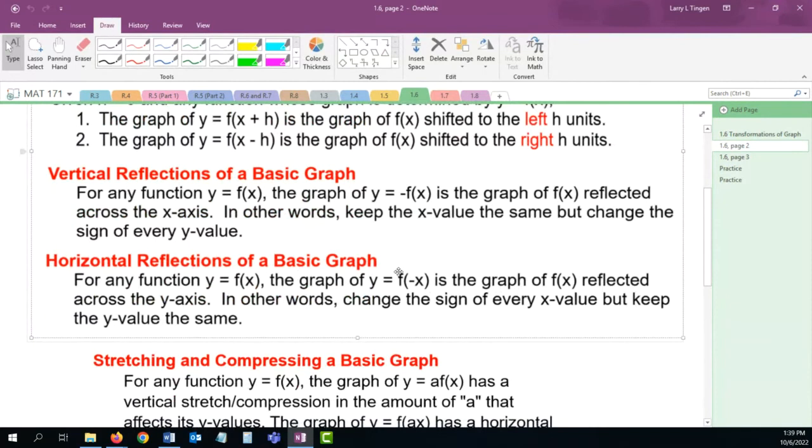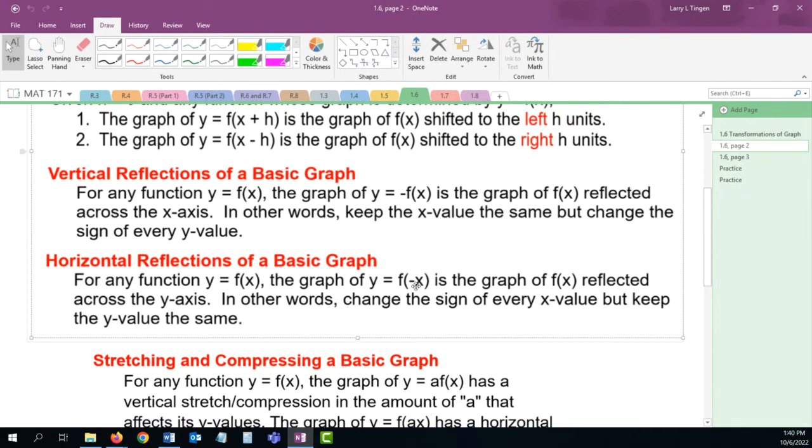To do a horizontal reflection about the y-axis, that's just like a page turn for us. The negative goes on the inside, right? So we're seeing a pattern. If I want to manipulate the graph vertically, I'm going to mess with the outside of my base function. If I want to manipulate the graph horizontally, I manipulate the inside, or the interior, of the function.